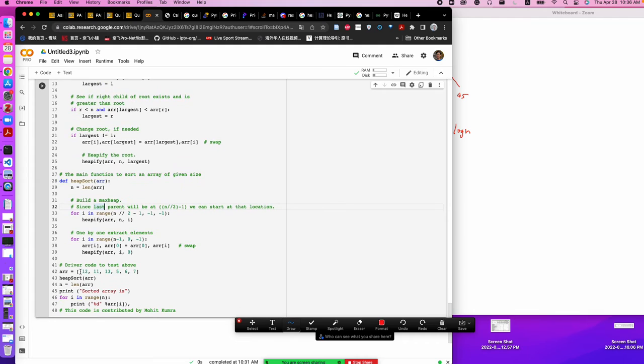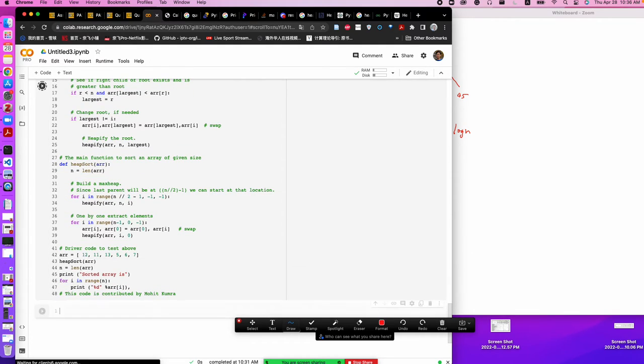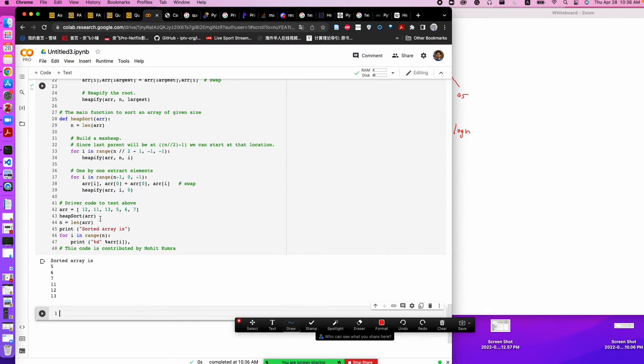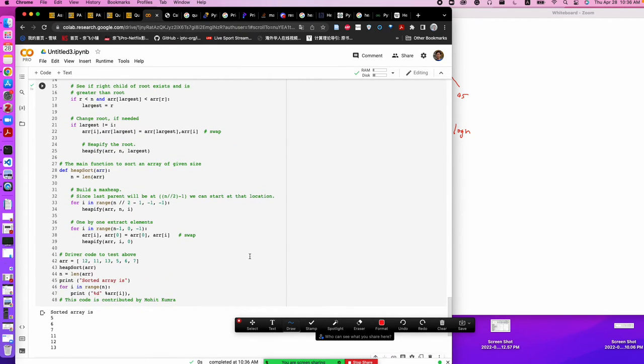So given an array like this, after running heap sort it is 5, 6, 7, 11, 12, and 13, which is sorted by this heap sort.